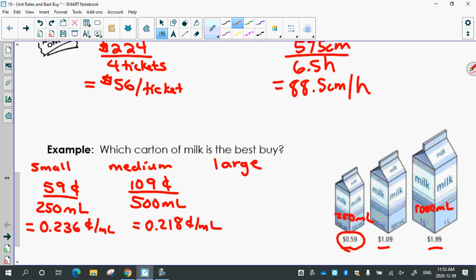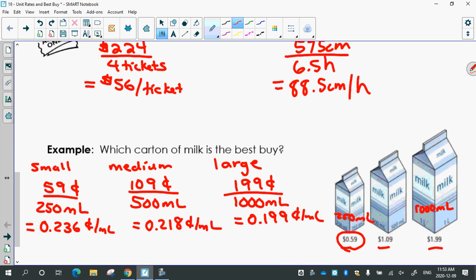So far the medium one is a bit cheaper than the small one per milliliter. Okay. And then the large one, we'll change $1.99 to 199 cents for 1,000 milliliters, which is going to give me 0.199 cents per milliliter.